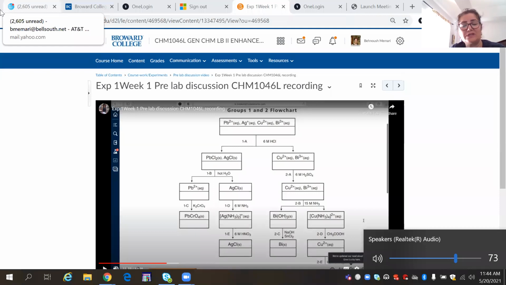So that's what I'm interested in only. What evidences showed that you had lead? What showed that you had Ag? What showed that you had Bi? And what evidences showed that you have Cu2+? If you add them all together, that's like 5 sentences, and that is like 1 paragraph. And in 1 sentence, also say ions present, ions absent, and add that.